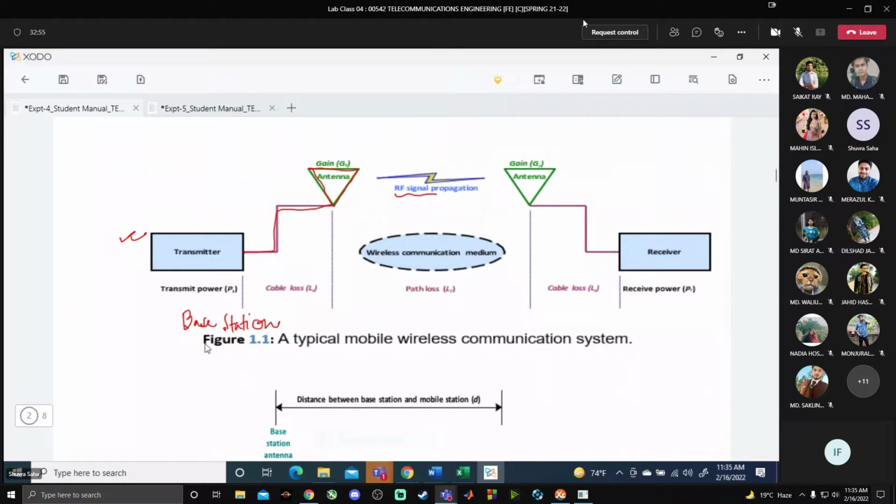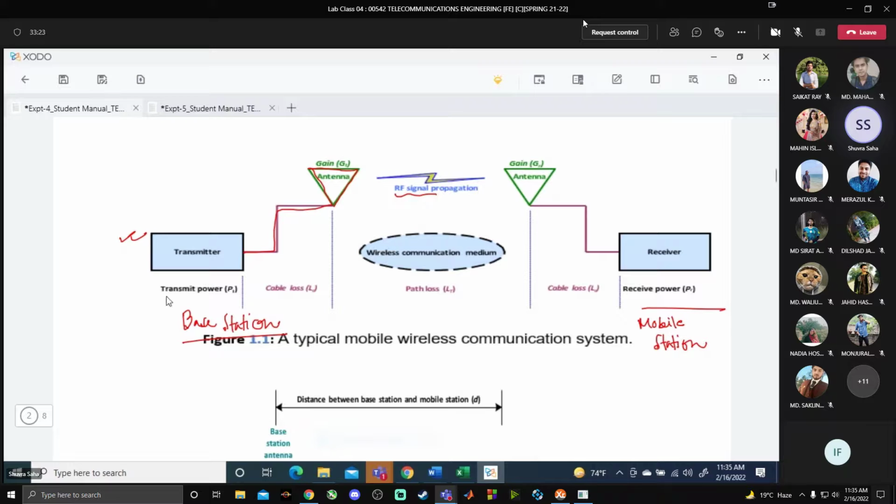So this is the base station side, and on the receiver side, we can consider this your mobile station side. You are receiving signal from the nearest base station. The receiver device is your mobile set. Now, what are the different factors of power? You may have power gain, you may have power loss.